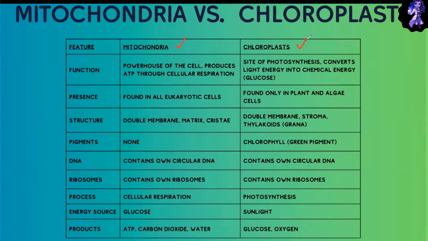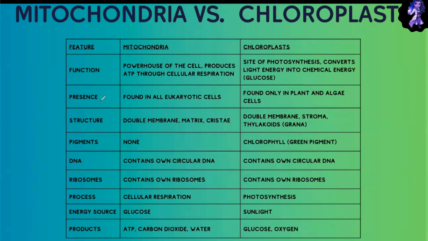I also want to note that while mitochondria are in animal cells, they have been found in plant cells as well. So they are not the primary function of plant cells, but this is something important to note, and we're going to talk about it in just a second.